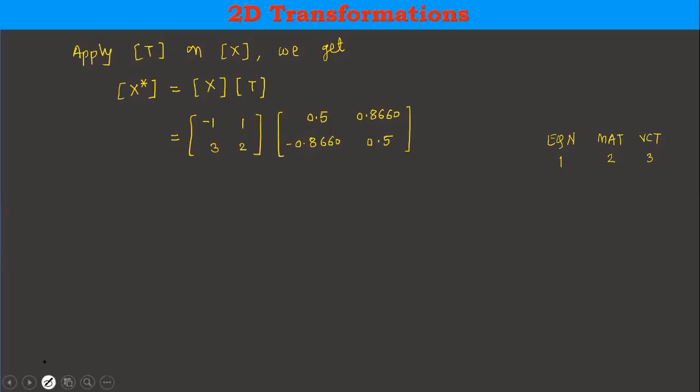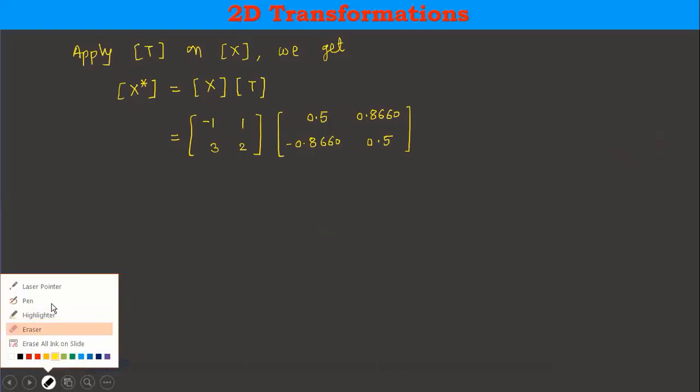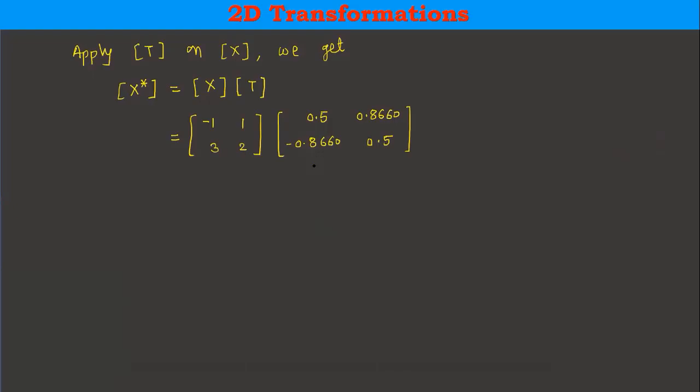Now once your calculator is in matrix mode, what do we have to do next? First we have to enter these two matrices in your calculator. To enter a matrix in your calculator, press shift and then the 4 button, shift 4.